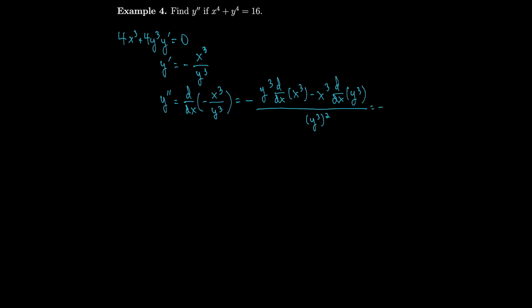So then that becomes minus y cubed times 3x squared minus x cubed times 3y squared times y prime. And then y cubed squared is y to the 6.